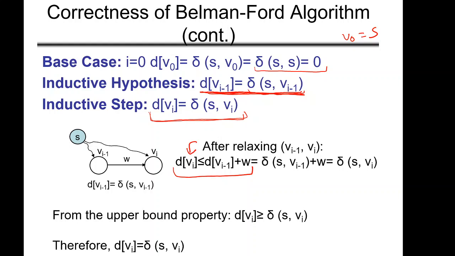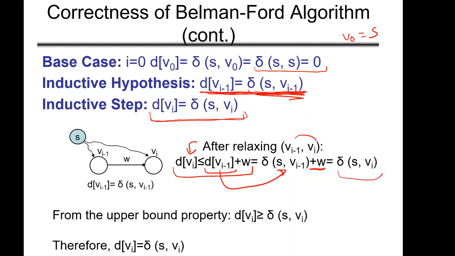Now we already know that d of Vi minus 1 is the shortest path. If we add the weight of the edge from Vi minus 1 to Vi, we actually get the shortest path. Why?